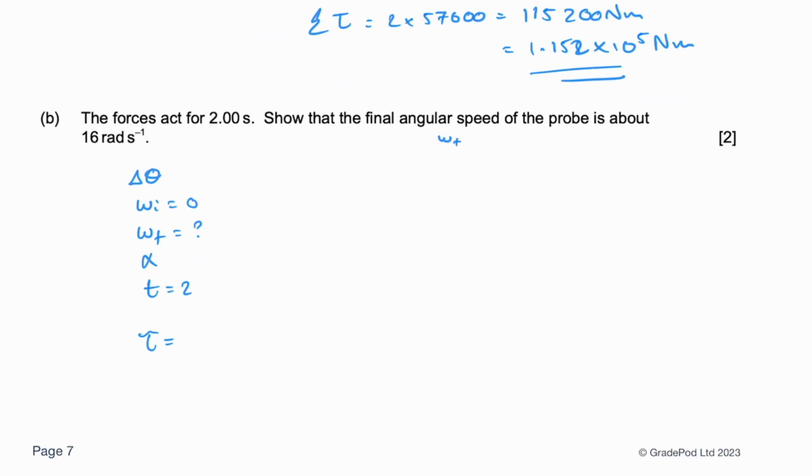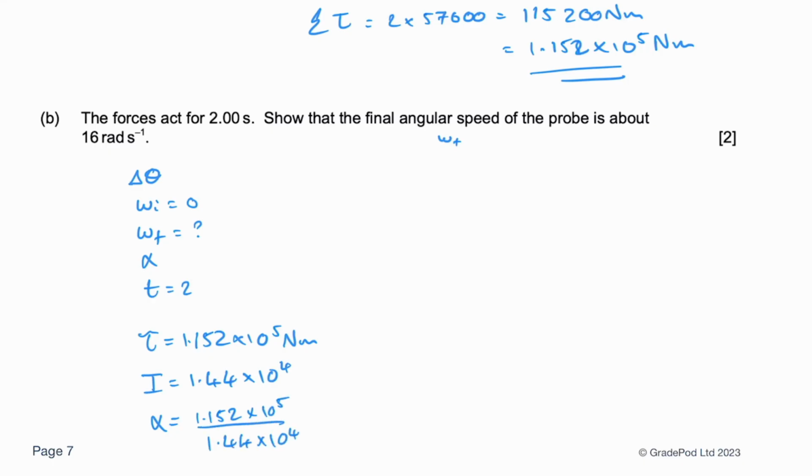We've got torque, which is 1.152 times 10 to the 5, and we've been given the moment of inertia for the system, 1.44 times 10 to the 4. That means we can work out the angular acceleration: 1.152 times 10 to the 5 divided by 1.44 times 10 to the 4 gives us an angular acceleration of 8 radians per second squared.